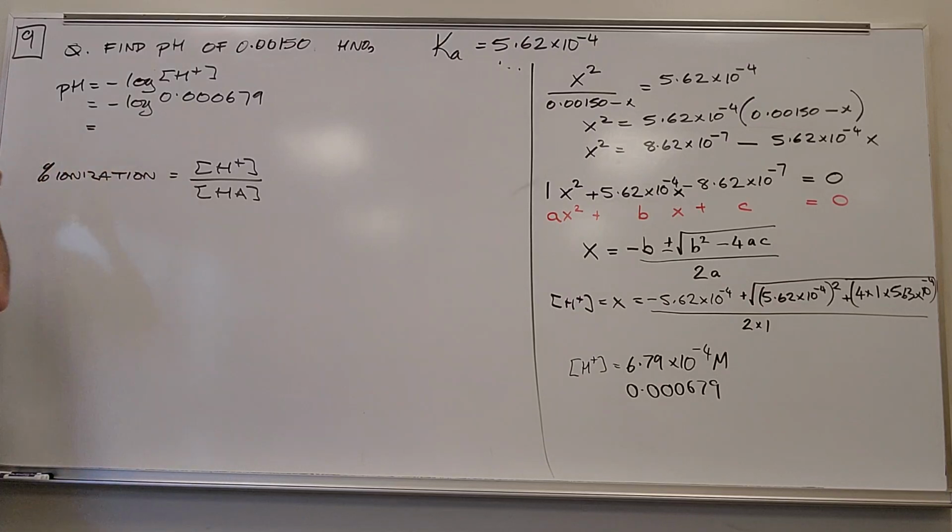What was your pH? I got 3.17. Yeah. And your answer before? 2.09 or 04. Okay.